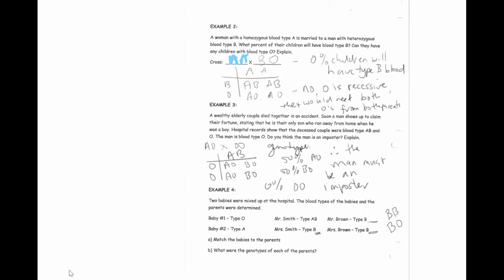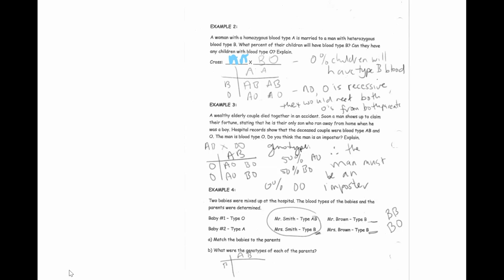So the first thing that we would do is look at the first couple right here. We would need to do 2 different types of crosses to figure out which baby is theirs.